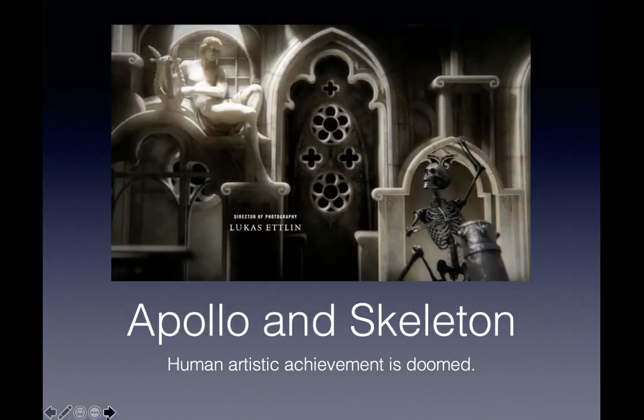This shot demonstrates that not only is mortal flesh doomed to expire, but also human artistic achievement. The composition sets a drum-beating skeleton on a diagonal from a seated marble figure, who might be Apollo. The lyre indicates human artistic achievement, as do the architectural elements vaguely reminiscent of Gothic cathedrals, Romanesque churches, and Islamic mosques.